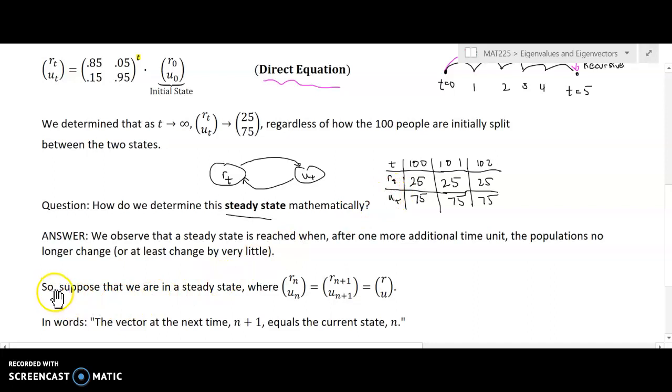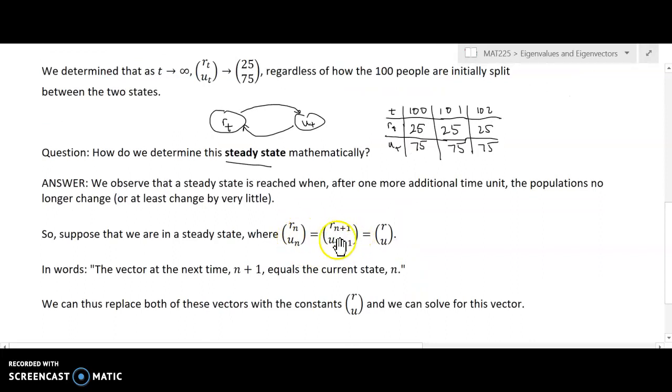So to mathematize this, what we're saying is that the current state and the next year's state are going to be equal to each other if we are in a steady state. So suppose that we are in a steady state, then the populations now are going to be equal to the populations next year. Well, that's good, because mathematically that means that if these two are equal, I could substitute both of these vectors with the same values.